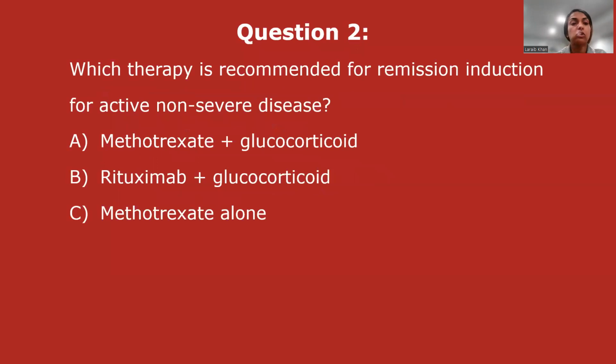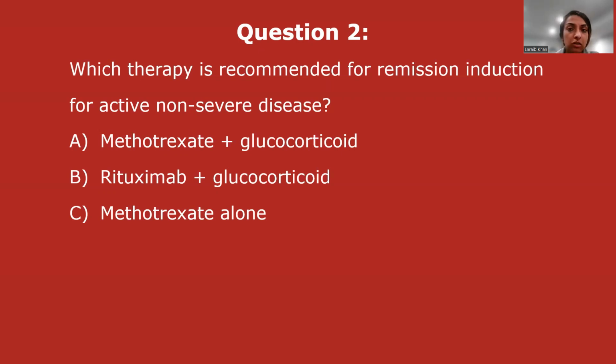And then question 2: which therapy is recommended for remission induction for active non-severe disease, A, B, or C? You can write in the chat and I'll give you a second. The answer would be A, because, like I mentioned before, the patient has active non-severe disease.